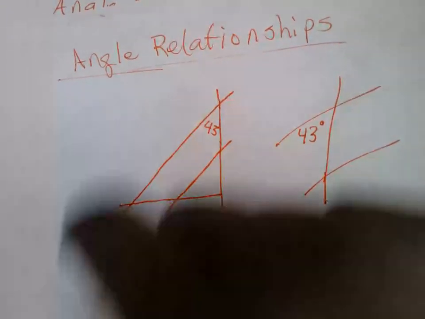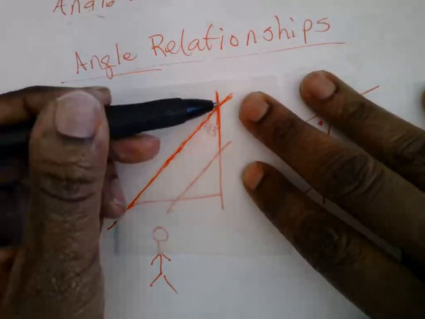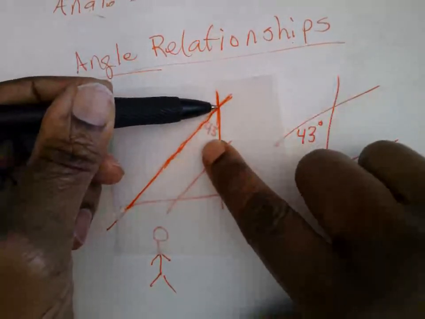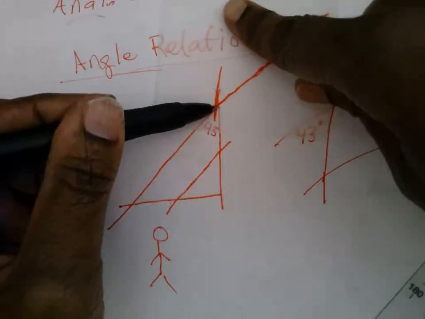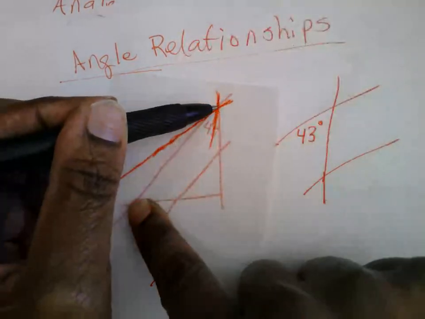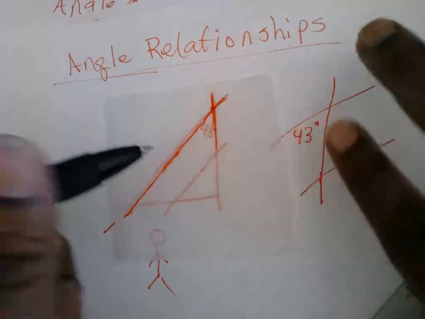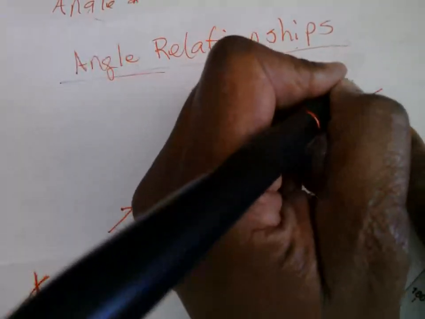Just put 43. Look, if this angle is 43 degrees, if I rotate, that vertical angle is also 43 degrees. Congruent. So, 43 here, 43 here.